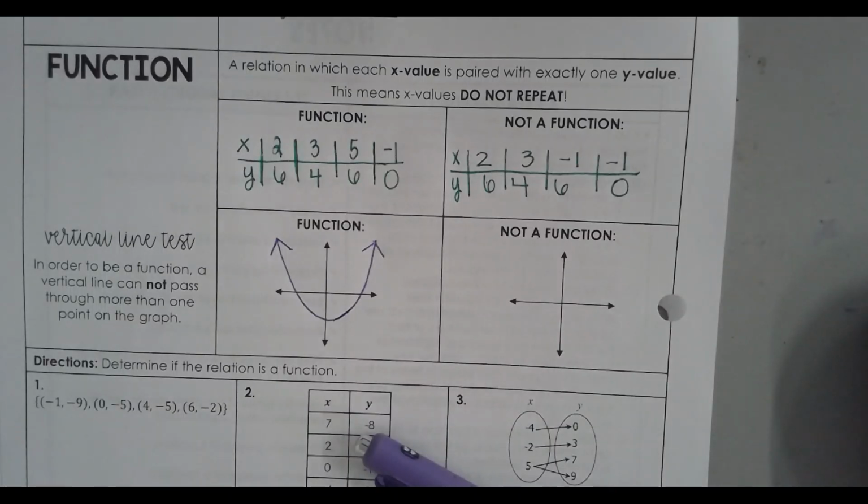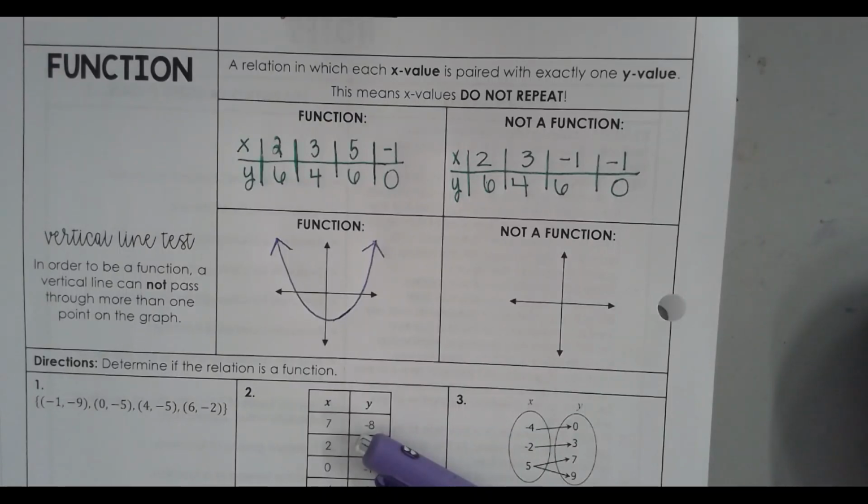The vertical line test says, the vertical line goes up and down, by the way. Vertical line, you're going to take an imaginary vertical line going all the way across. If it hits that graph in more than one spot, it fails the test. So think of like a laser beam shooting up from the bottom. Everywhere I go across, my yardstick is only passing that curved line one time.